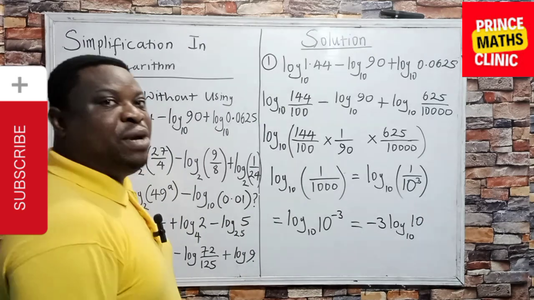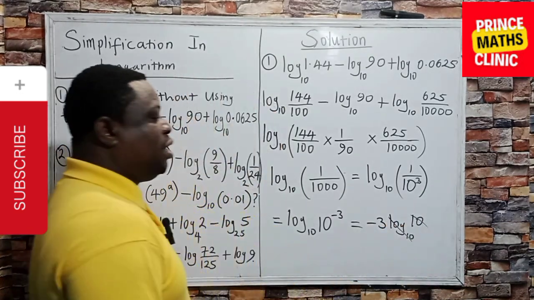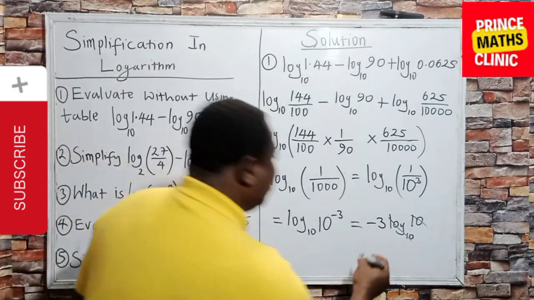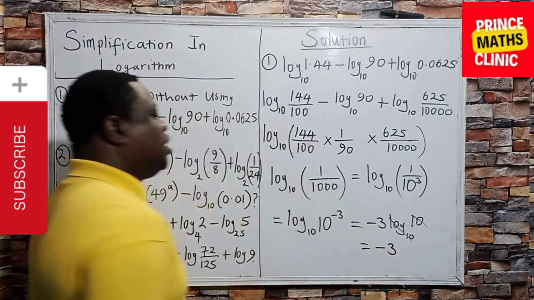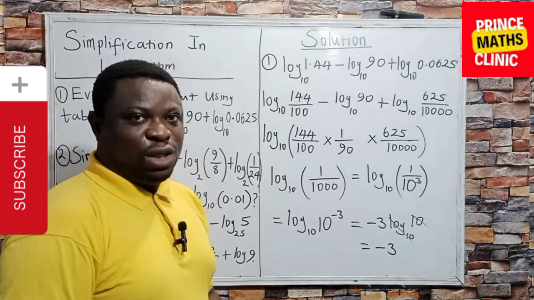And when a log and a base are the same, it turns to 1, because log 10 cancels the base of 10. So minus 3 times 1 becomes minus 3. This is the solution to this first question.